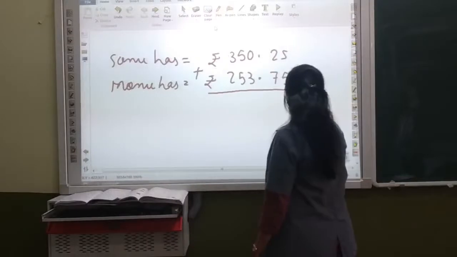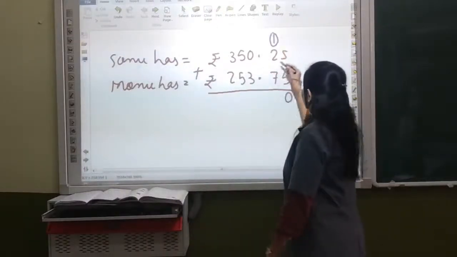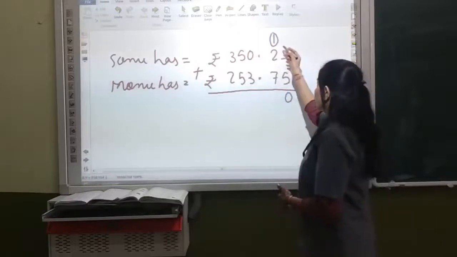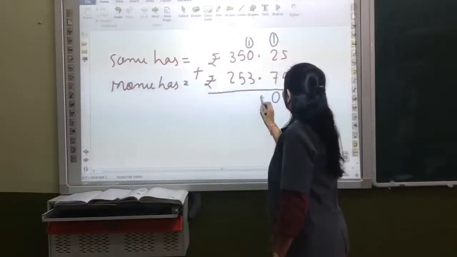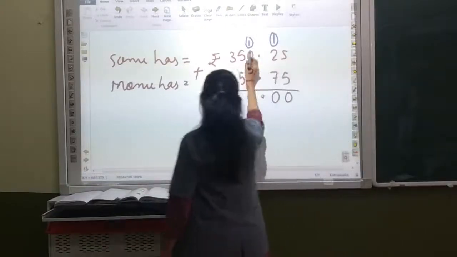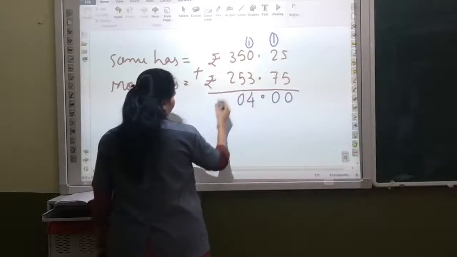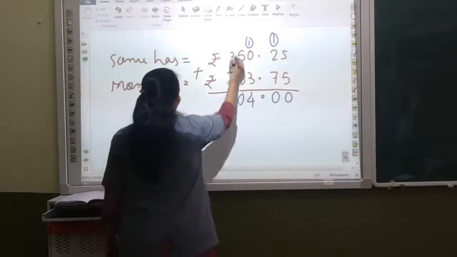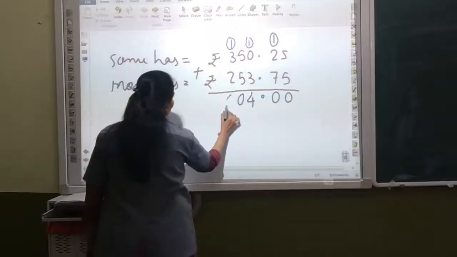Now 5 plus 5 is equal to 0, 1 carry on 2. Now 2 plus 7 is equal to 9 plus 1, 10. Put the point. Now 3 plus 1, 4. 5 plus 5, 0. 5 plus 5, 10. Put 0 here and 1 carry on 3. 3 plus 2, 5 plus 1, 6.